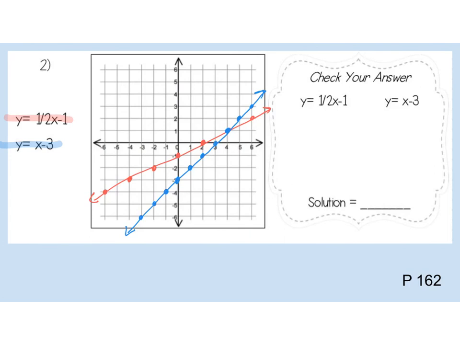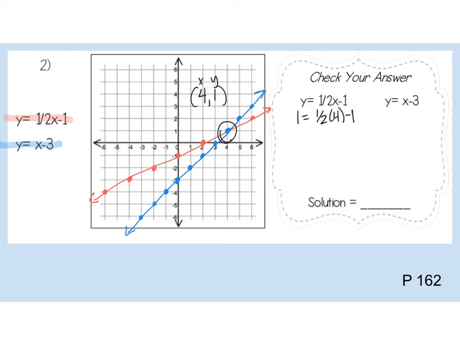So for number 2, when I drew my graph, I think that my solution is over 4 up 1, so my x and my y. That's what I'm going to substitute in on the right. So my y is supposed to be 1, and that's half of 4 minus 1.